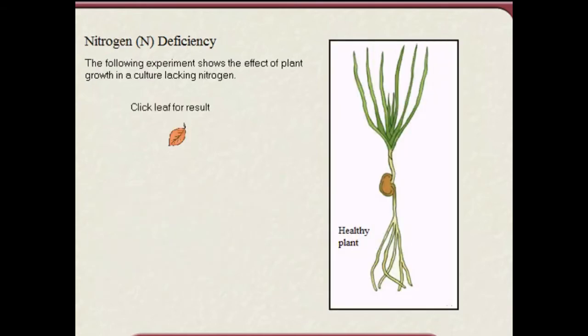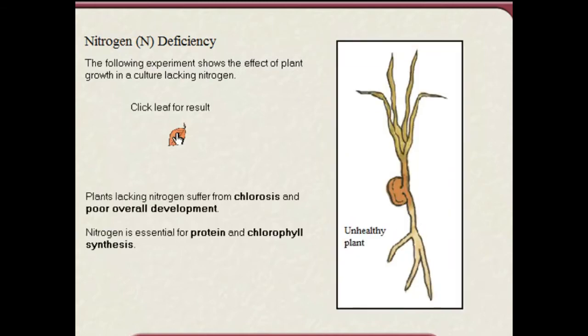Nitrogen deficiency. The following experiment shows the effect on plant growth of a culture lacking nitrogen. Plants lacking nitrogen suffer from chlorosis and poor overall development. Nitrogen is essential for protein and chlorophyll synthesis.